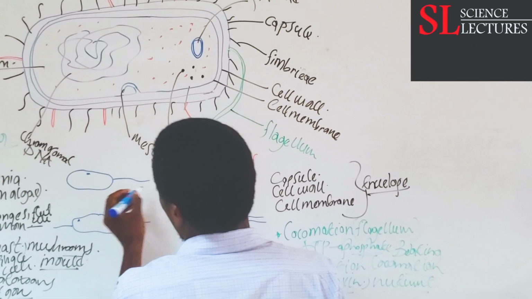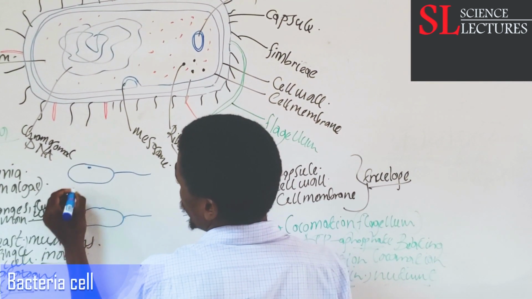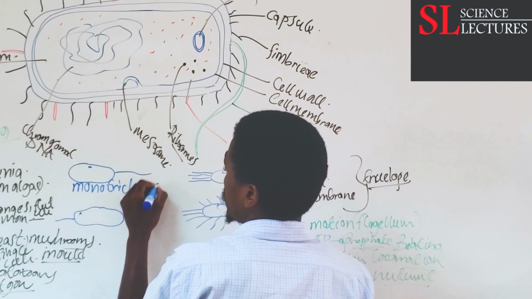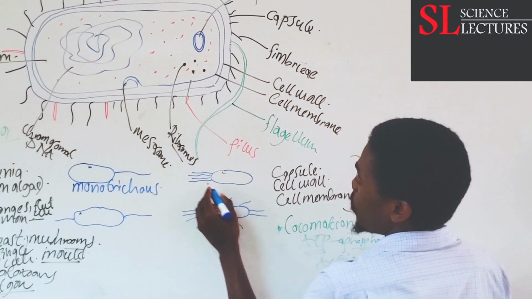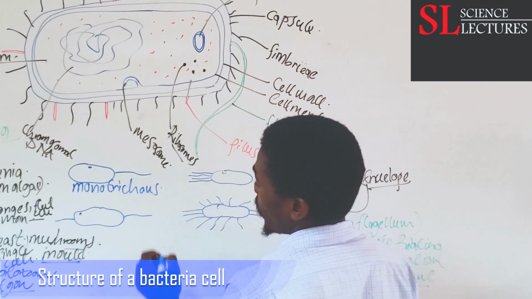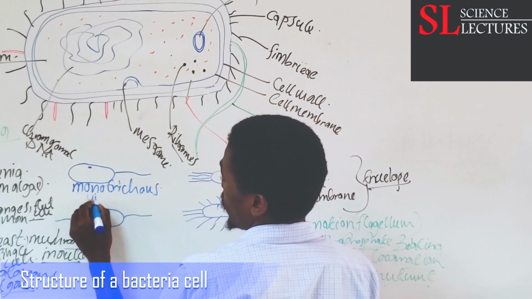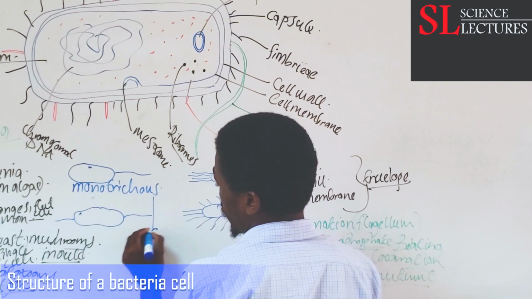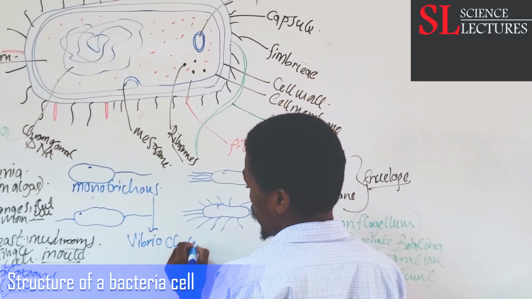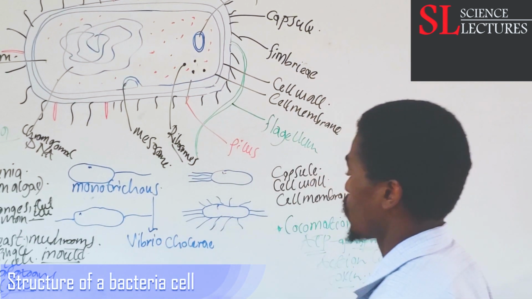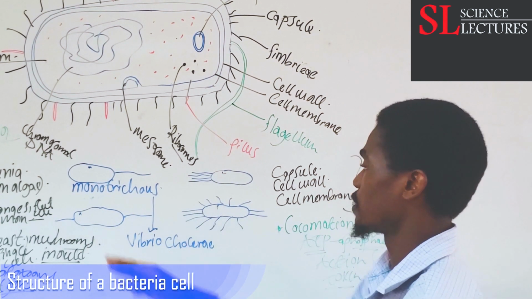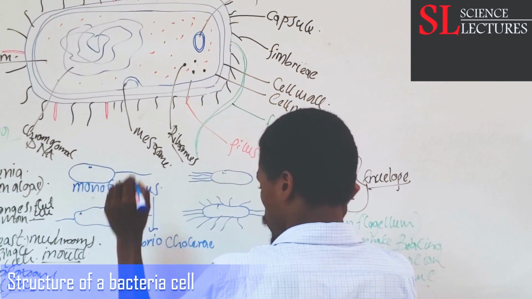When we have one flagellum on one side, that is what we refer to as monotrichous, for example in Vibrio cholerae, the bacteria that causes cholera. Only one side having one flagellum.